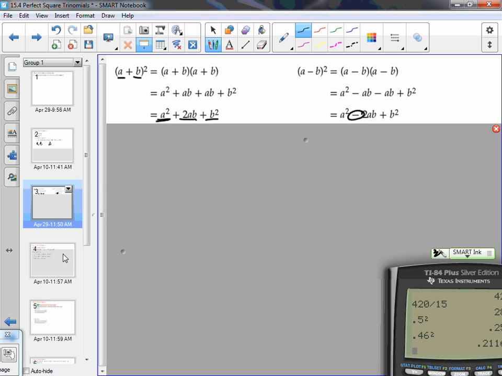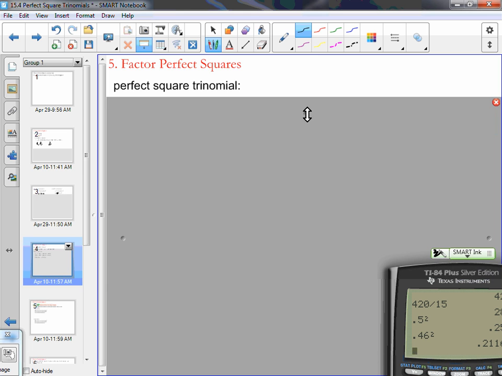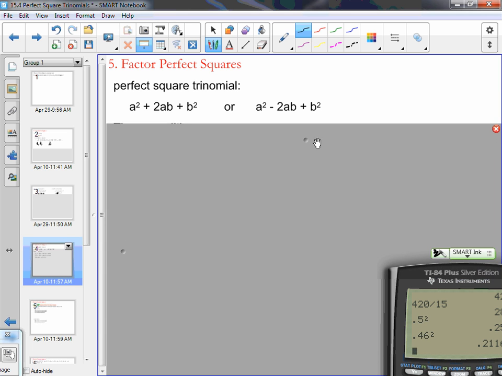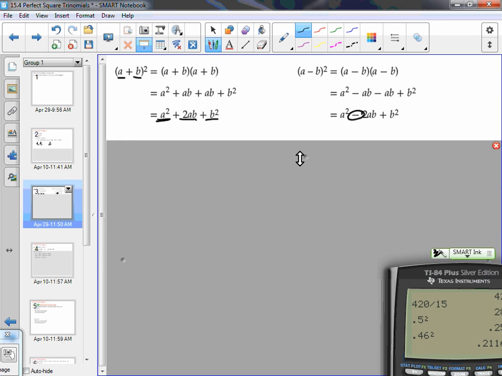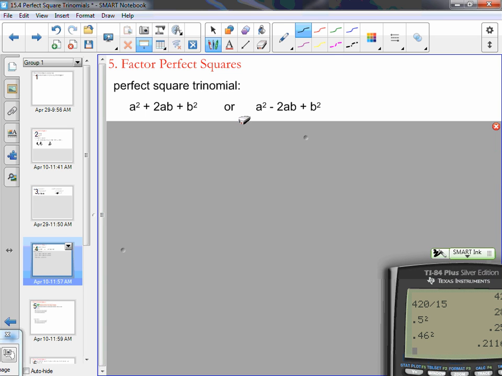Okay. What we want to do is be able to go backwards. So your perfect square trinomials look like a squared plus 2ab plus b squared, or a squared minus 2ab plus b squared.